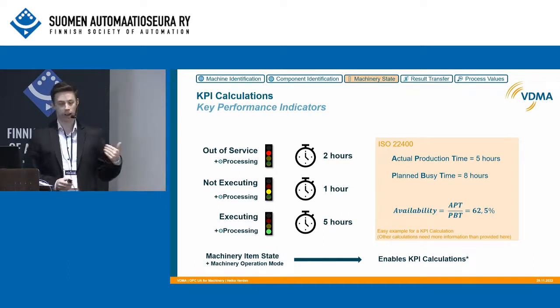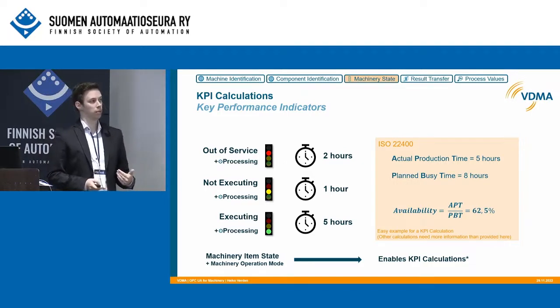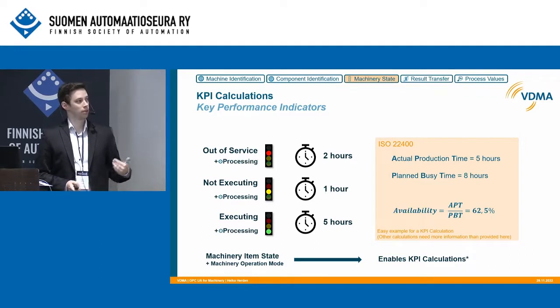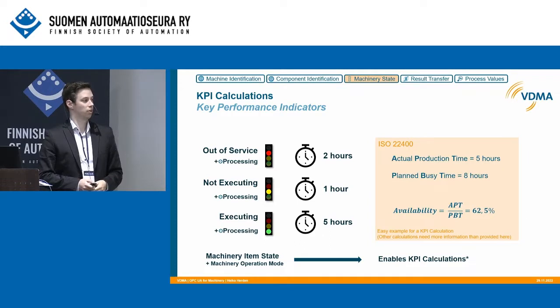And with all those times together, I will get the actual production time, which is 5 hours. And so the availability will be 62.5% because I can take those 2 times, and I know my first KPI figure, the machine availability.